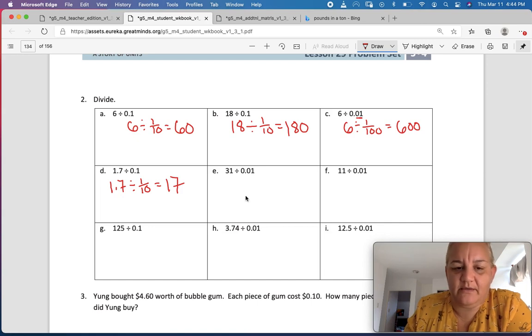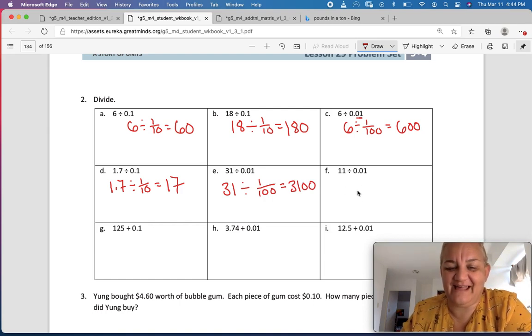Yes. Okay. Now 31 divided by 1/100th. Okay, so you know that 100 would go into 1, and that would make 3,000 go into 30, which would be 3,100. Are you starting to see the pattern? I hope you are. Okay.